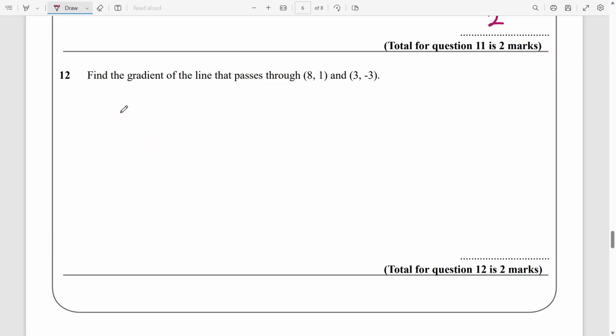Again, for this question, we want to work out the gradient. And I like to write down the formula: y2 minus y1 over x2 minus x1. And again, just for clarity, this is x1, y1, x2, y2.